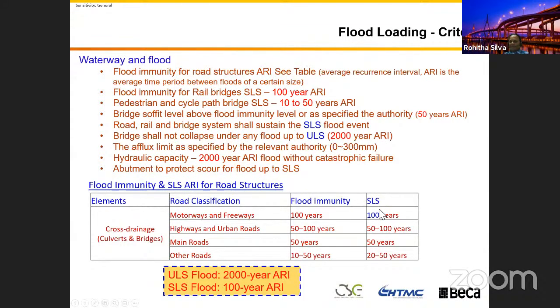But in general, I should say 1 in 100 year. And for the ULS, the return period, or what we call average recurrence interval, ARI, is 1 in 2000 year, which we call the ultimate limit state. These are significantly large floods. Even a 1 in 100 year is also a significantly large flood.